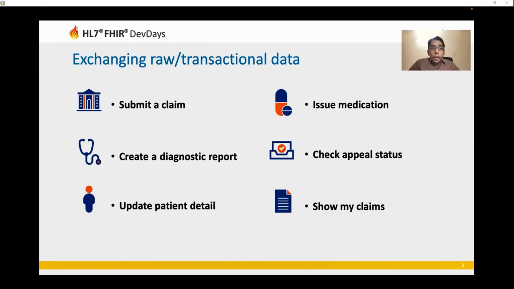A member might want to look at all the claims he or she submitted in the last quarter or year, right? All these transactions which happen on the OLTP system don't go beyond one or a few records at a time. And FHIR has plenty of resources in the healthcare industry to map all these transactions very efficiently.